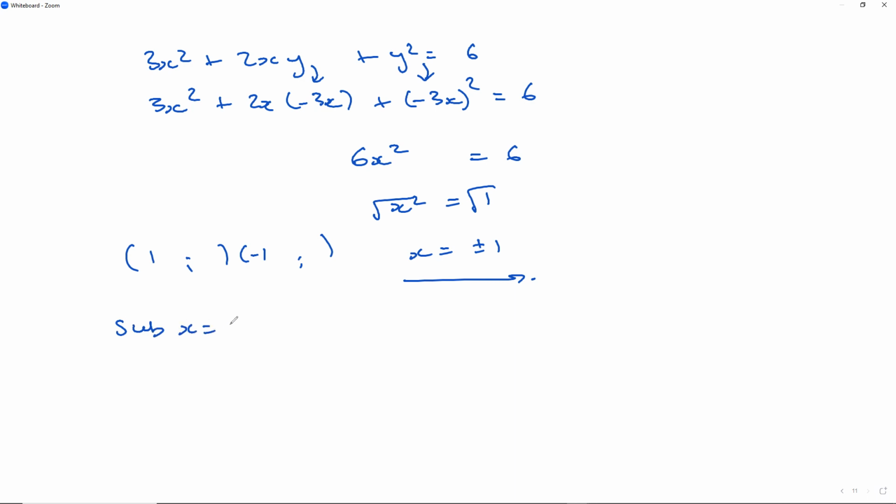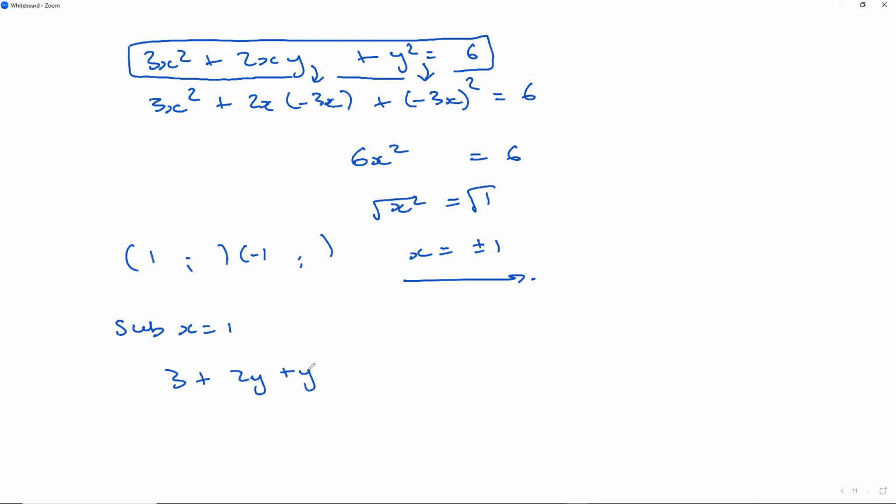So I substitute x equals 1 in the original function to get my y value. This will be 3 plus 2y plus y squared equals 6.